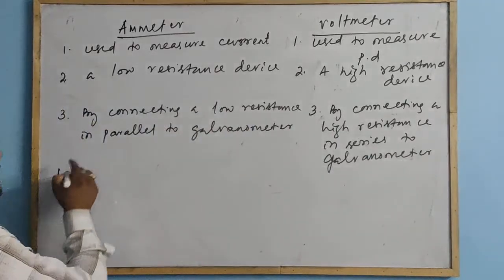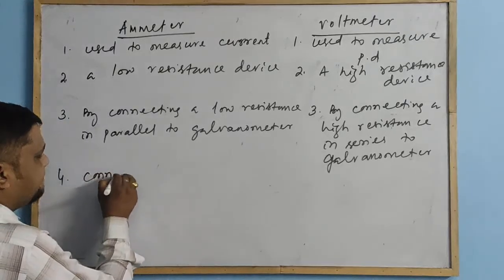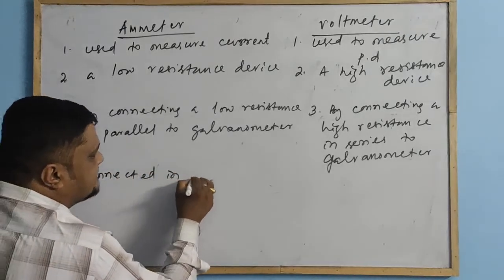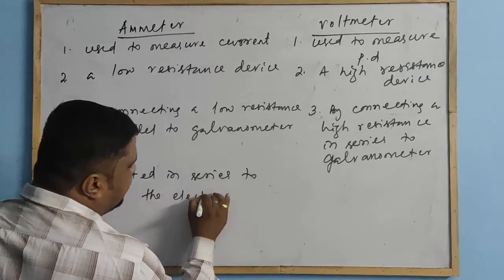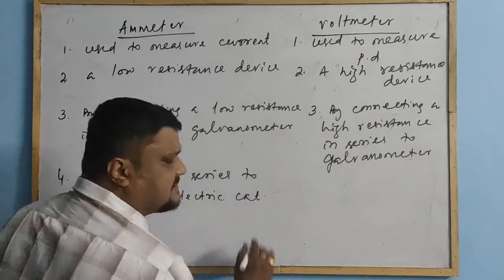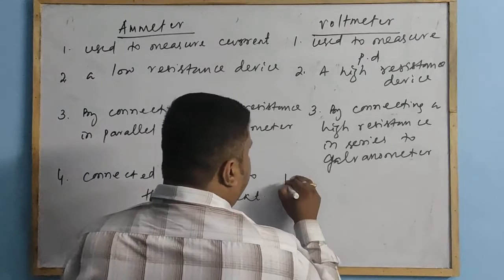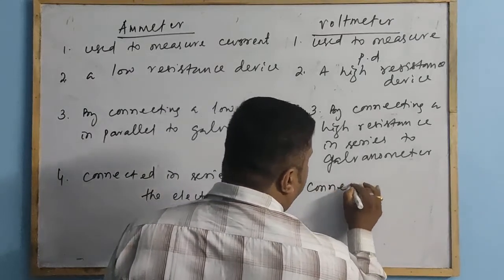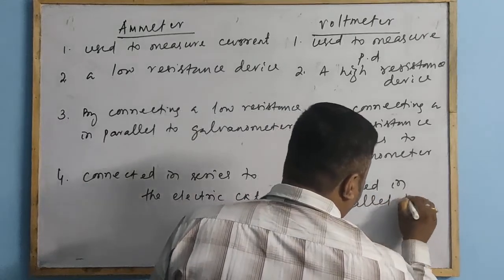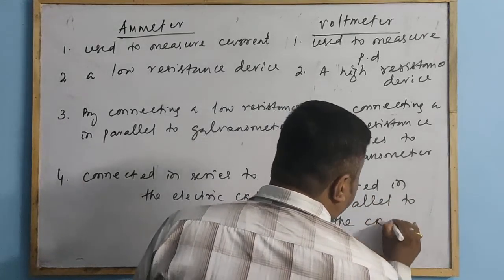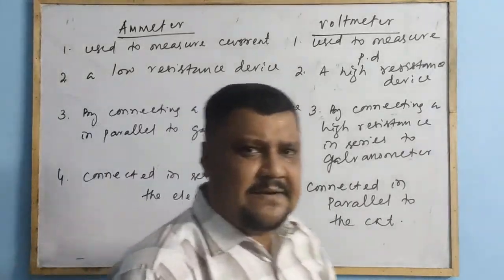Next, an ammeter is always connected in series to the electric circuit. Remember, always connected in series. Number 4, a voltmeter is connected in parallel to the circuit. Take this 4, or you can write more also. So this is a nutshell, you can say.